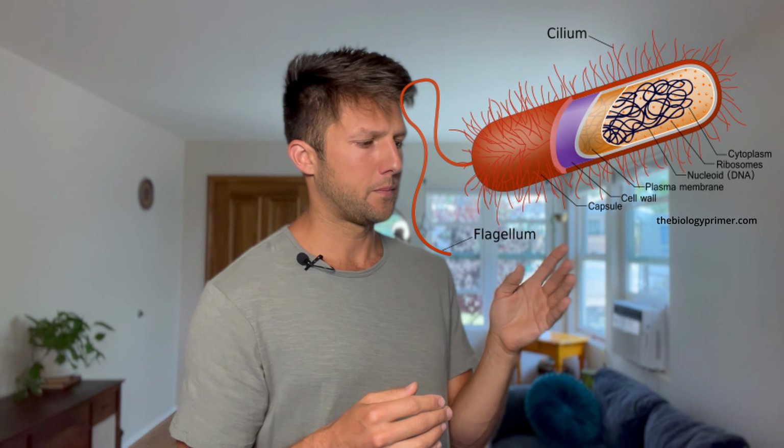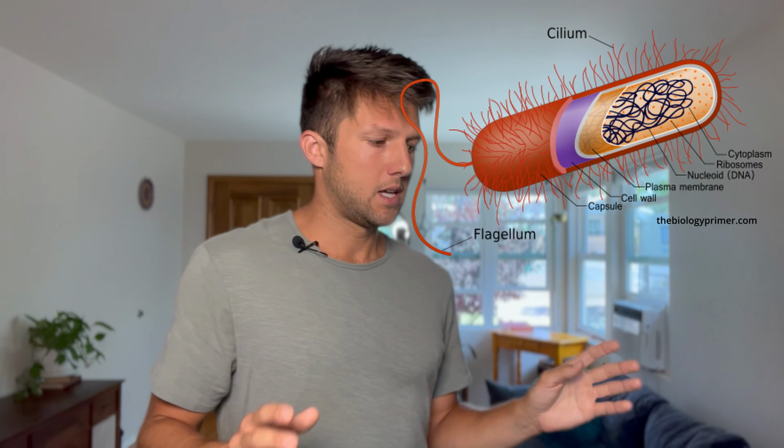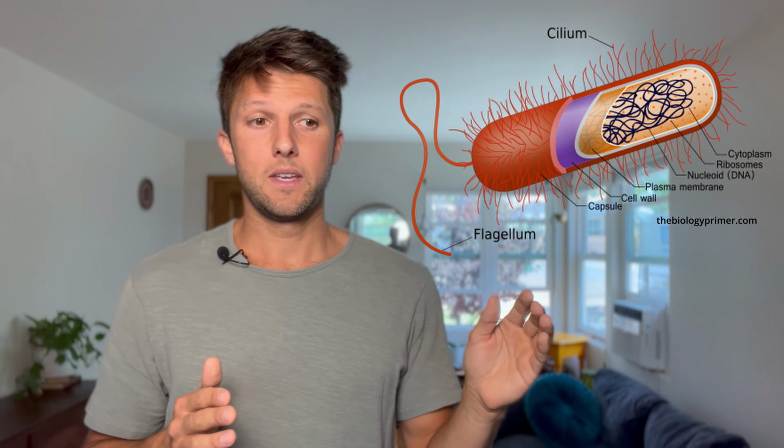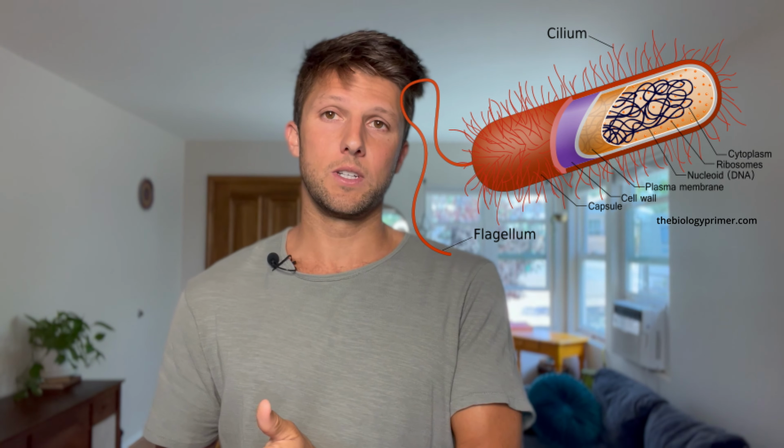They could have tails or little, I don't remember the word, but I think it's cilia or something, to move around through space and move towards whatever was nourishing them and away from whatever was threatening them, all in this effort to keep their bodies intact and to keep the functions inside their bodies going on.